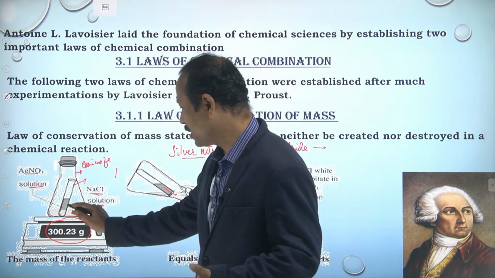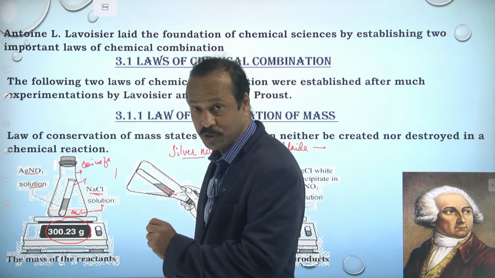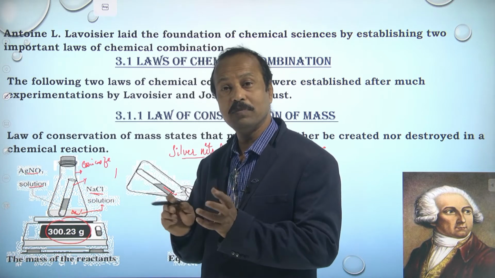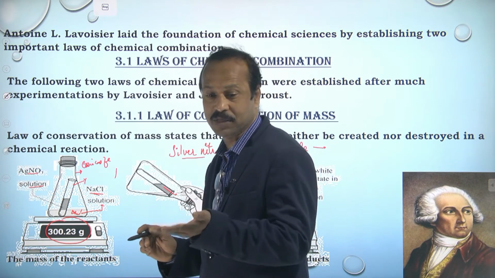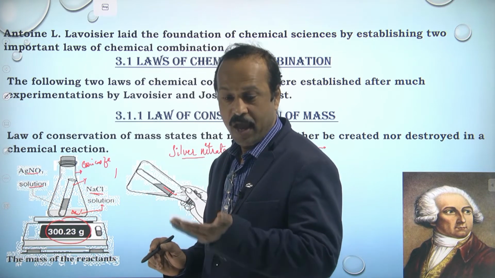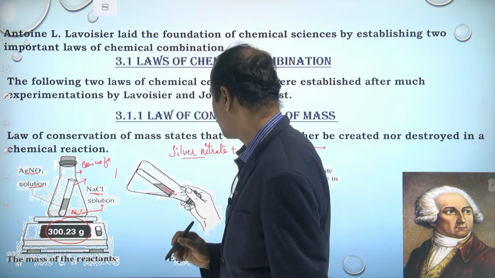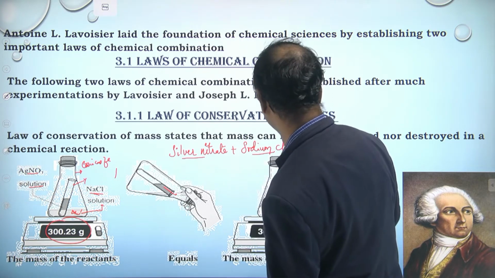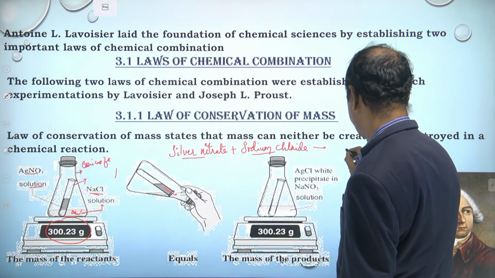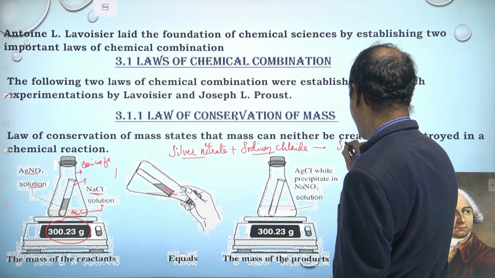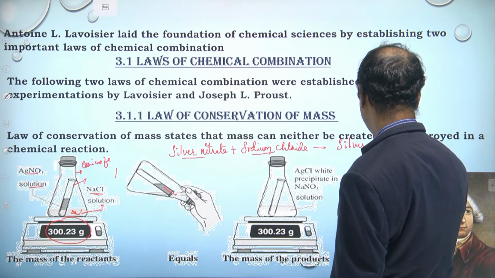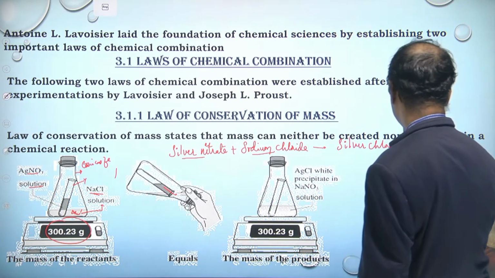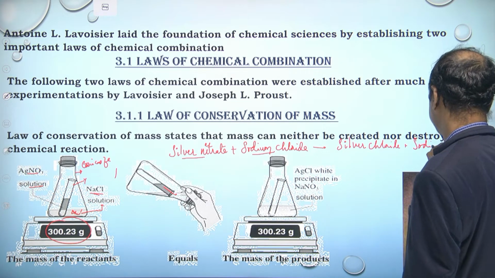Actually, both of these are solutions. But when mixed together, a white precipitate forms, like a powdery insoluble substance. A white insoluble substance, silver chloride, is formed, plus sodium nitrate.